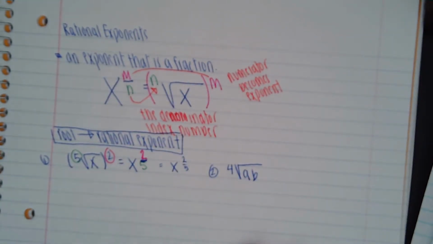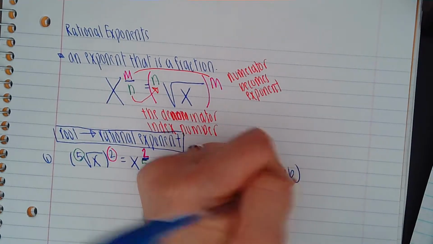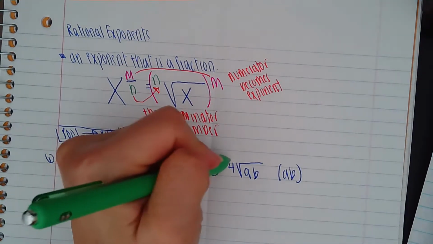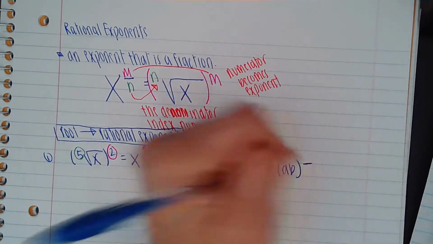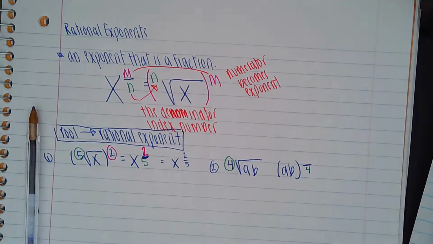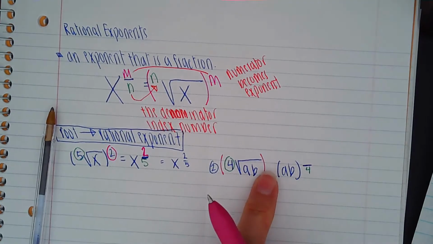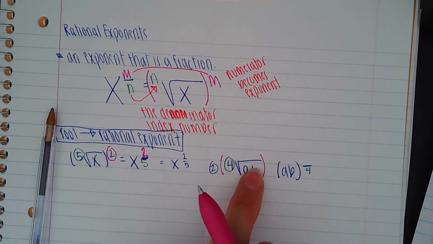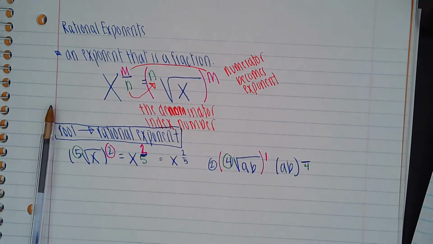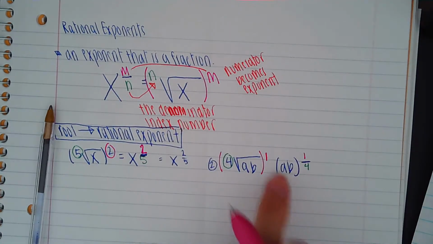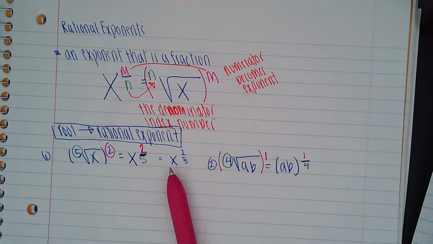Well, we know that this AB here is going to be our base, so we can put it in parentheses, AB, and we know that this right here, our index, is going to be our denominator, right? So this would be raised to the 4. The exponent, well, we weren't given an exponent, but what does it mean when there is no exponent? What exponent are we actually raising it to? When there is no exponent, we're actually raising it to the first, right? So AB to the 1/4 is how you would convert it back into a rational number.